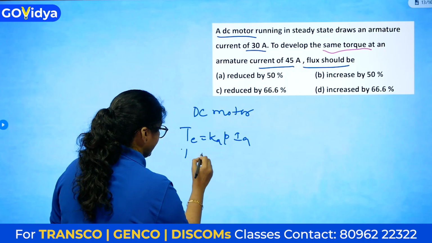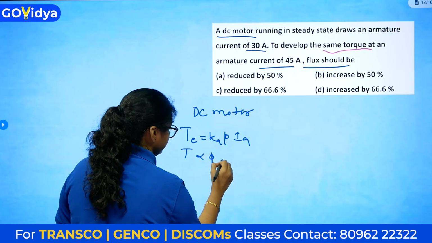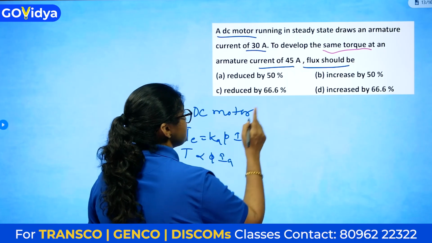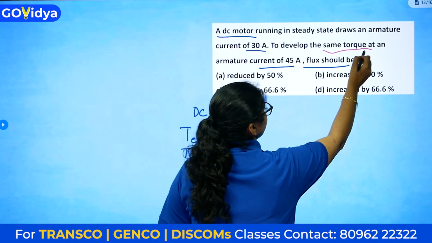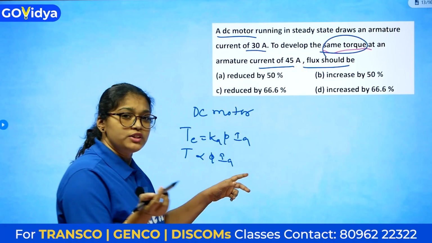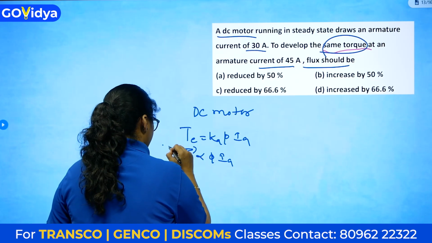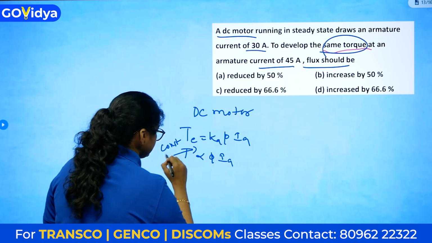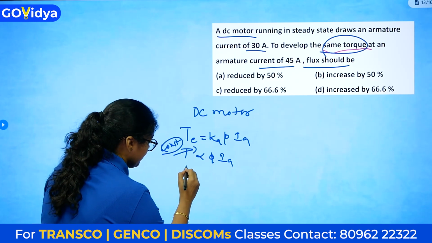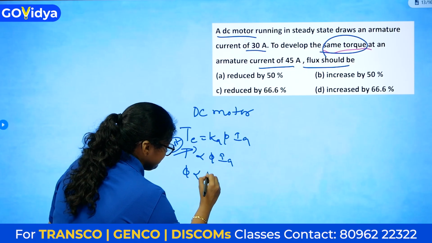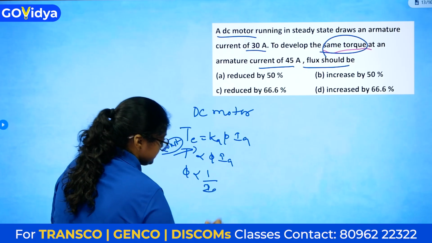Now T is directly proportional to phi Ia. In the question they say the same torque, so in both cases the torque is the same. Can I take the torque as a constant value? Yes. If the torque is constant, then flux is inversely proportional to armature current.